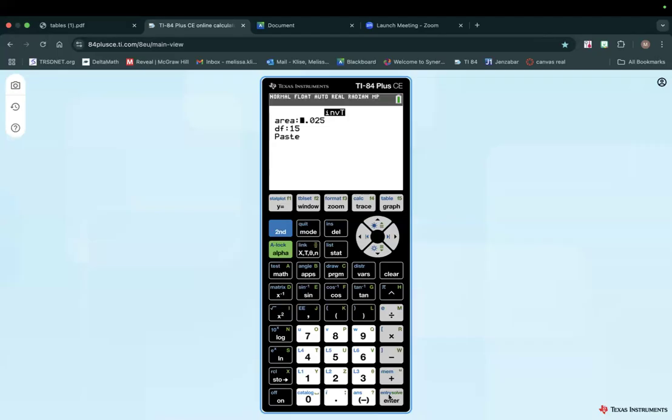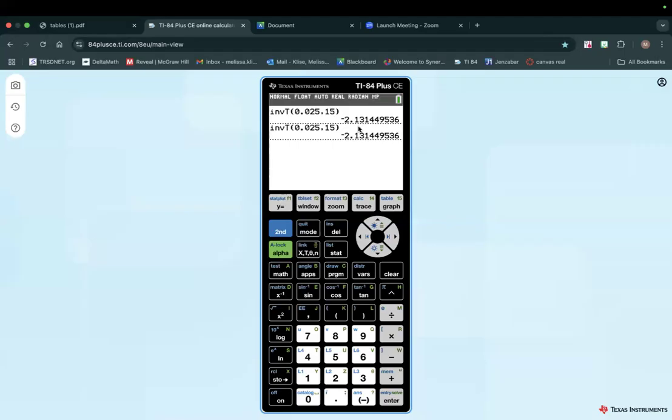The degrees of freedom is subtracting 1 from your sample size. Then hit enter, and it'll give you a negative, but that's okay. Just make it positive because we don't use negatives for our t value here. Okay, thank you.